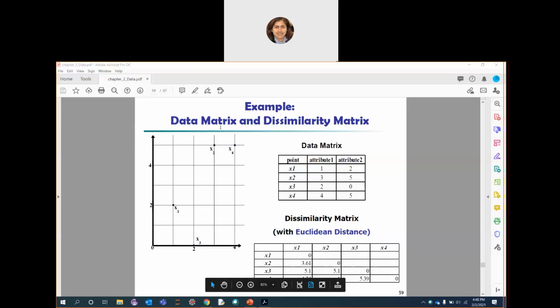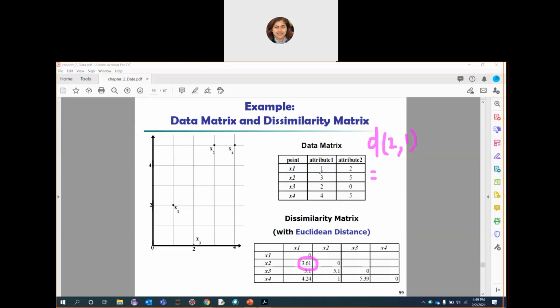Now first, let's find out, I'm going to annotate here, the distance d of 2, 1. You can just compare the distance of object 2 and 1, so this is your object x2 and x1. How do you calculate it?